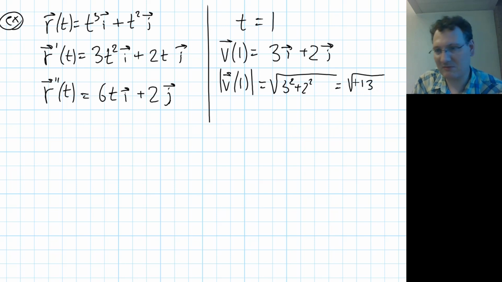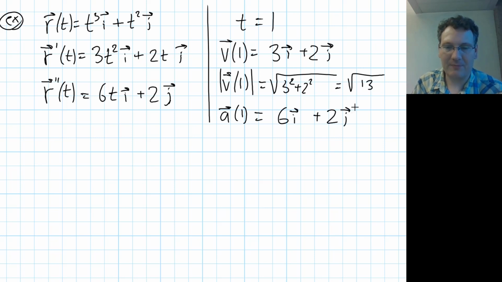That's units per time unit. And then the acceleration at time 1 is going to be 6i plus 2j. That's the direction and magnitude of the acceleration.